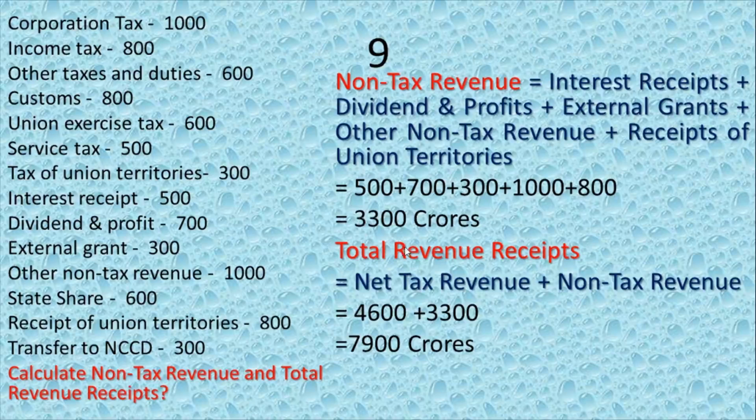So total revenue receipts we can calculate by adding net tax revenue, which we calculated in the previous problem, and with the current one, non-tax revenue. So total revenue receipts is addition of net tax revenue plus non-tax revenue. So 4600 plus 3300 is 7900 crores is the answer.